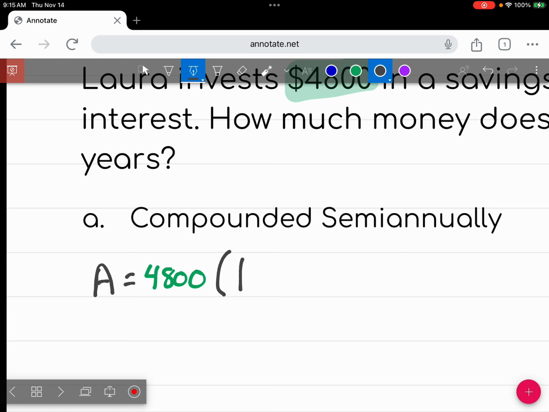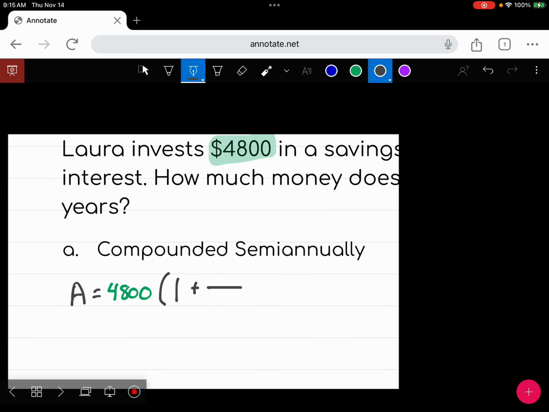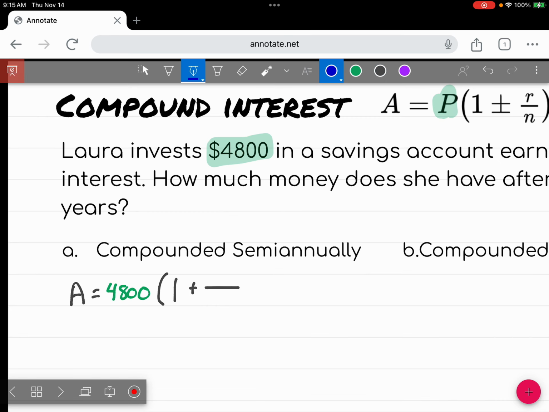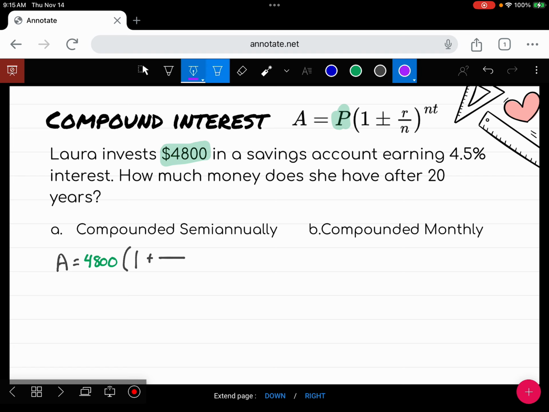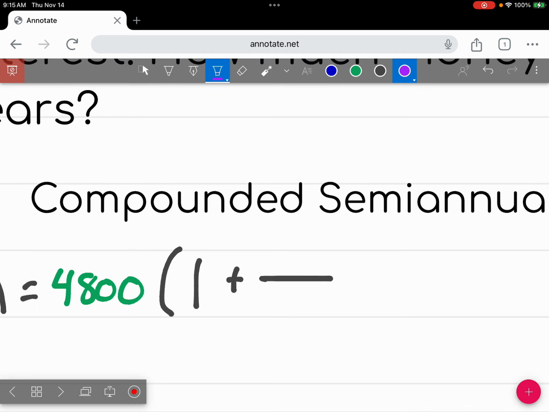Are we going to use plus or minus? Plus, because she's earning interest. What's going to go on top of my fraction? 0.045, my rate as a decimal.